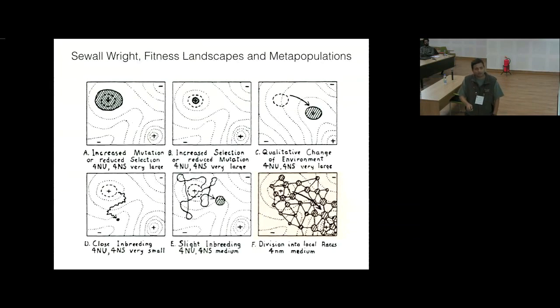And what he said was, if instead of having one big population that's moving on this landscape, you broke up the population into many tiny ones and created a metapopulation and allowed for dispersal between these populations, then you get something very different. Okay?